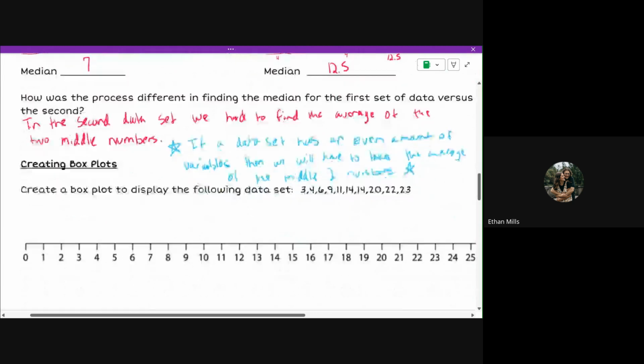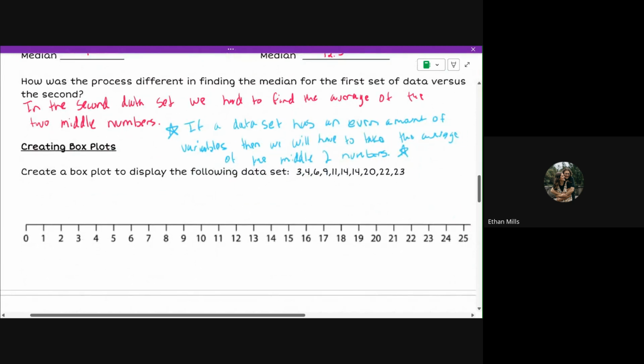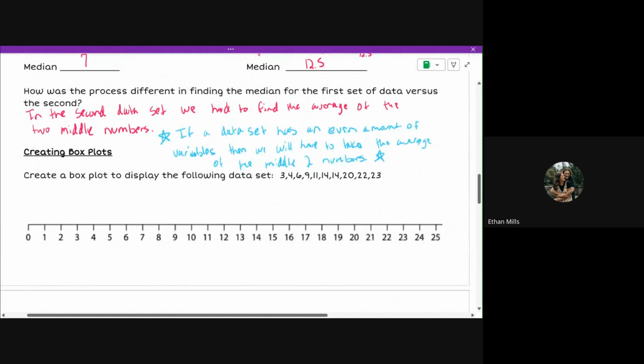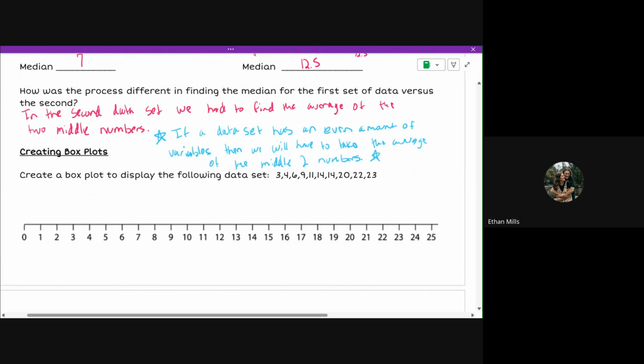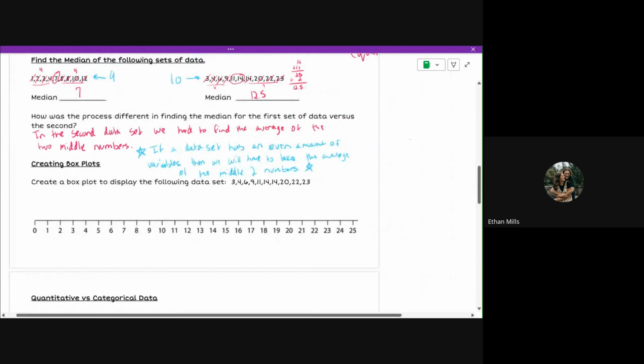Now we will move down to probably one of the most important parts of this section, which is create a box plot to display the following data set. So now we're creating our own box plot. Okay, over here on the side, I'm going to write notes one by one in order to help you fill this out as easy as you possibly can.